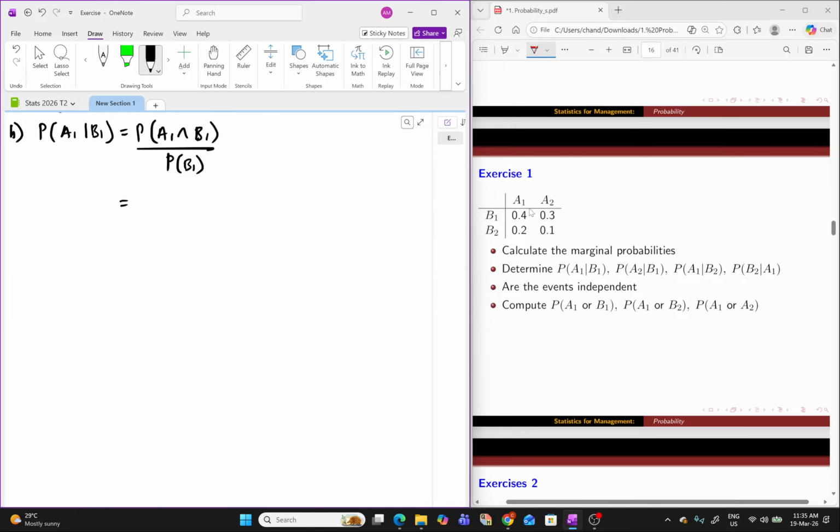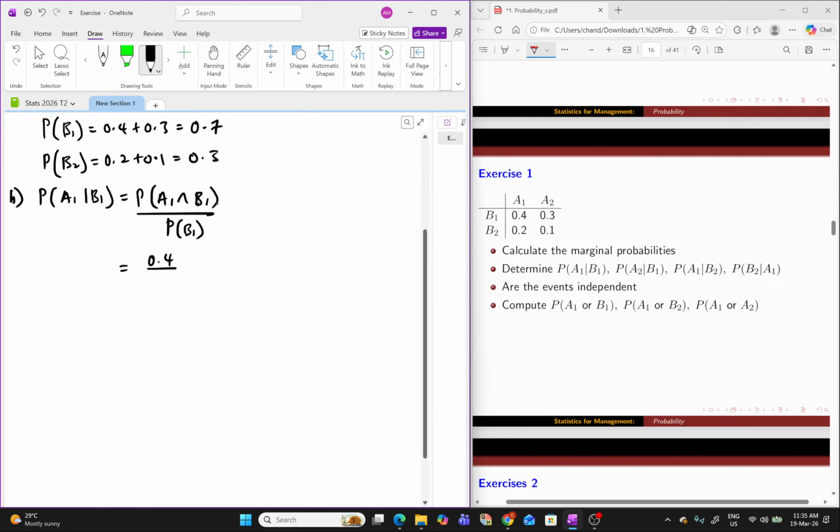A1 intersect B1 is here, 0.4, joint probability here, and then probability of B1 we just found, that is 0.7.